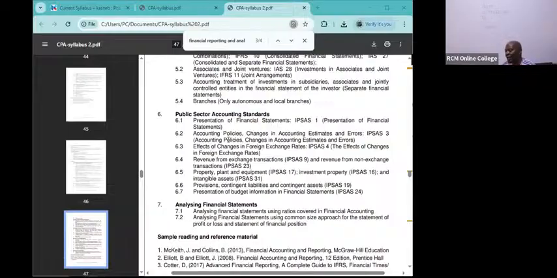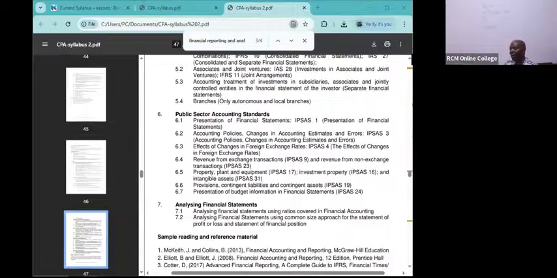Then we have accounting policies, changes in accounting estimates and errors, IPSAS 3. Effects of changes in foreign exchange rates, IPSAS 4. Revenue from exchange transactions and revenue from non-exchange transactions. Then we have PPE, investment property, provisions, contingent liabilities and assets, presentation of budget information in financial statements. Like now, this came last semester.